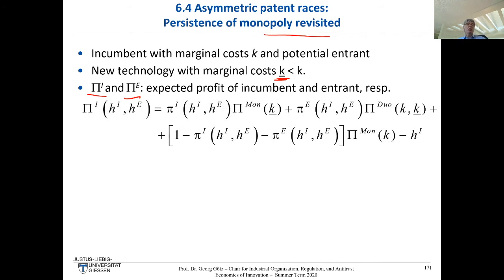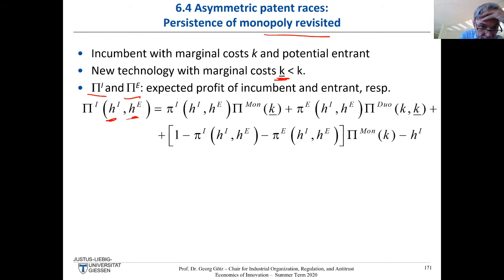And here you see, looks a bit ugly, but it should be obvious in a second. First of all, your expected profit depends on your own R&D expenditure and on your rival's R&D expenditure. So the entrant's R&D expenditure, h E. Okay, so this is a profit of the incumbent.